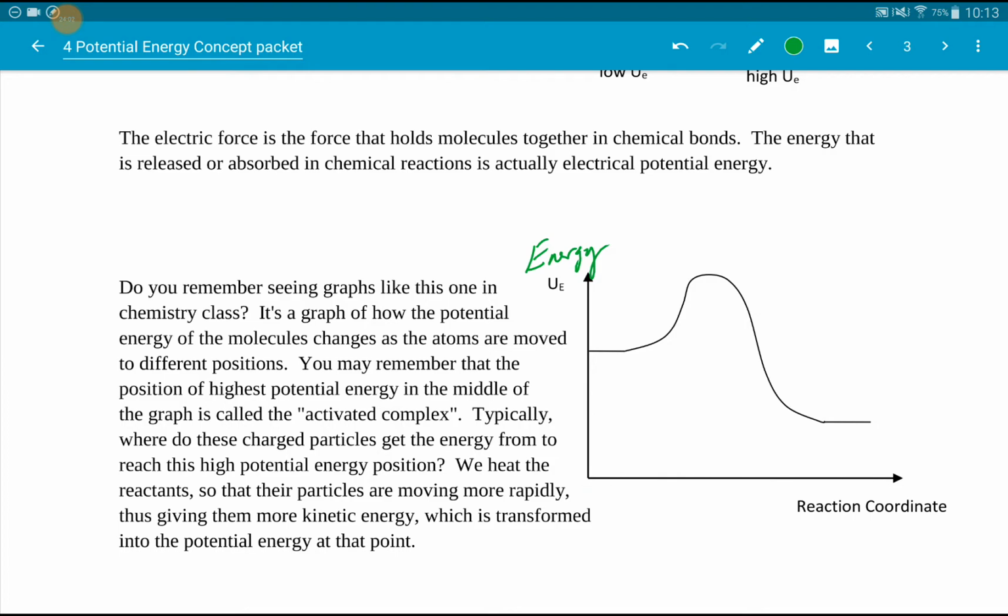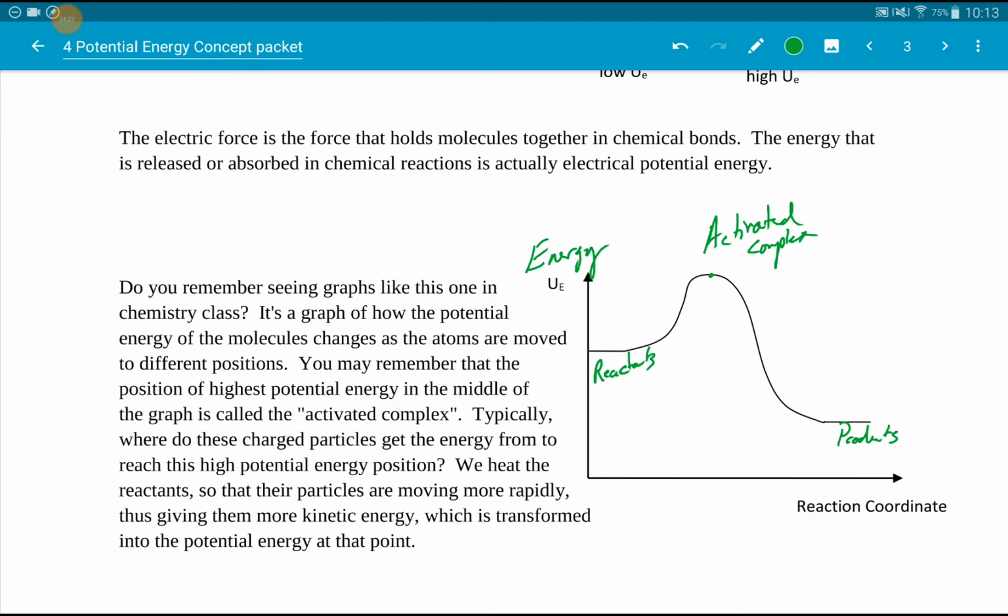We had reactants here, and then we had the products over here. Do you remember the name for it when it was in the middle of that transition? It was called the activated complex, where it's in between, making the reactants into the products.